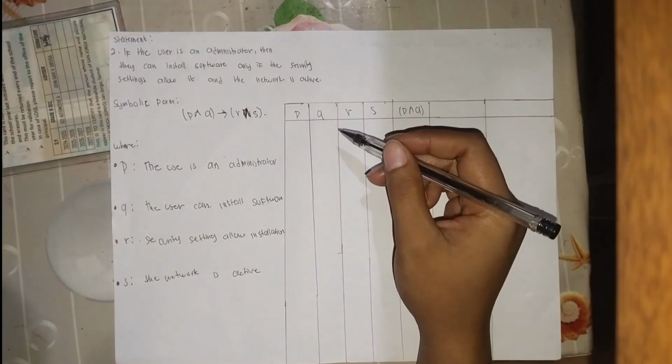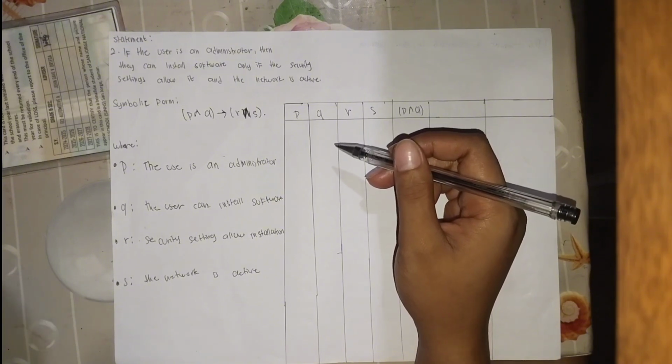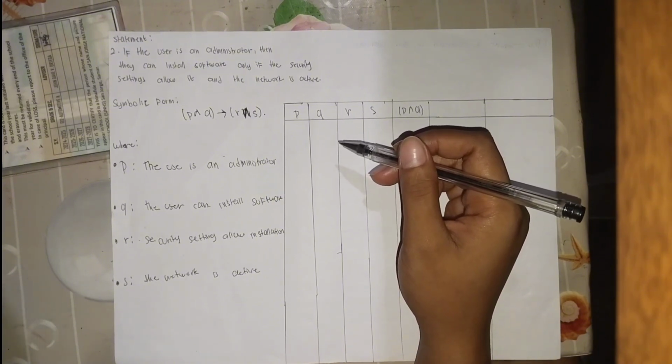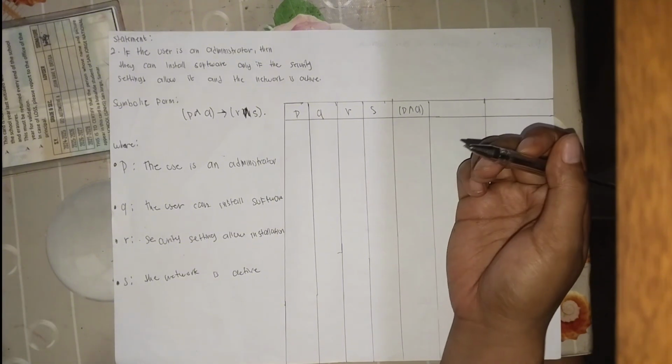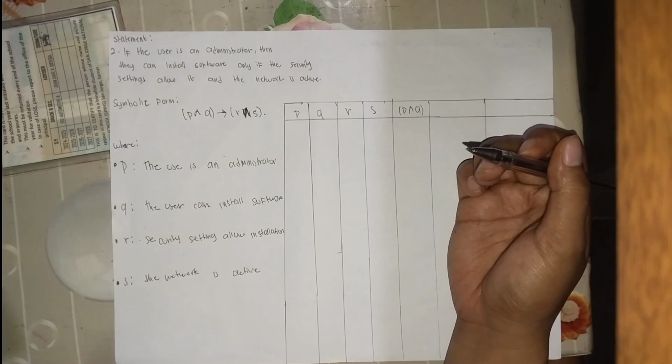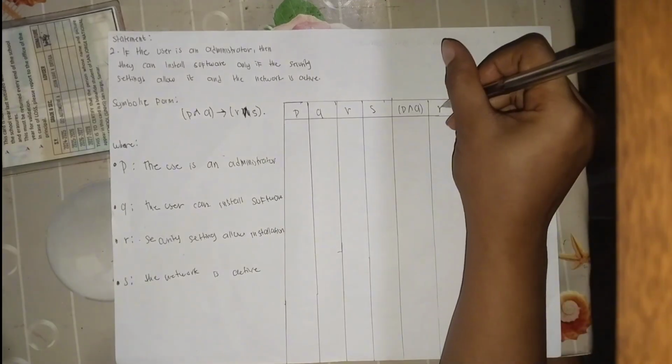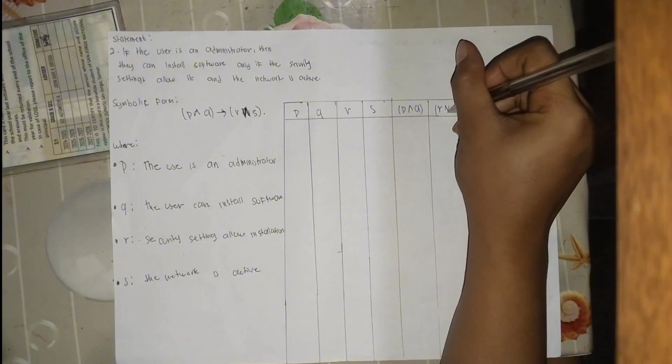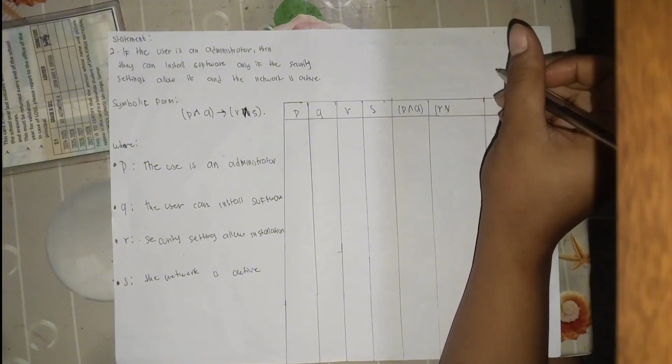So only when both user is admin and user can install software are true, this column is true. So next we will calculate the R or S.